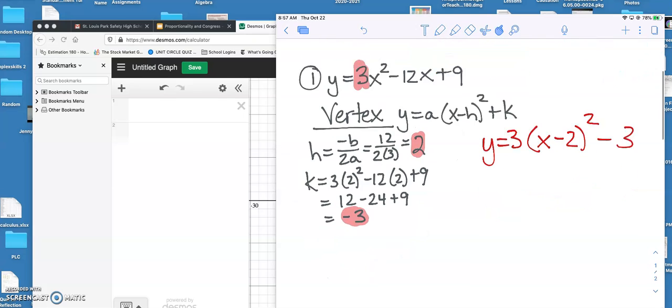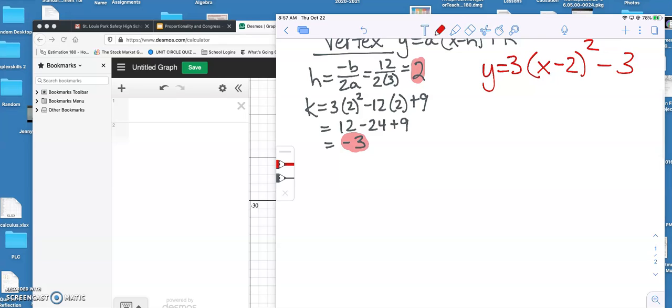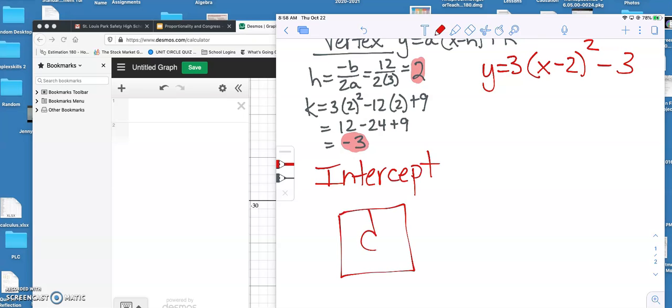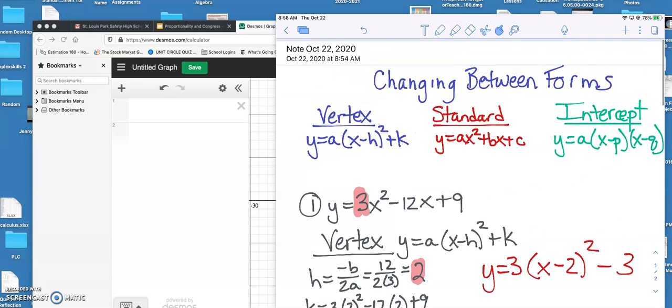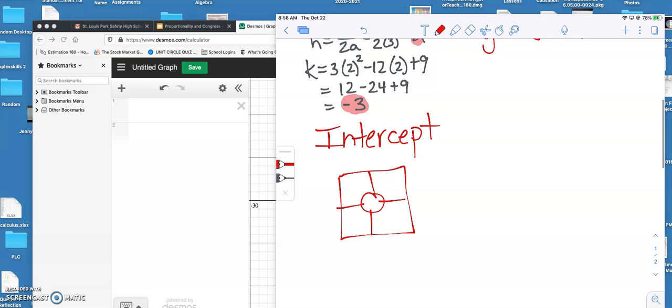To change this into intercept form, we factor it. We're going to do the box and circle. You've done this; we're just putting all these ideas together. We had 3x squared minus 12x plus 9.